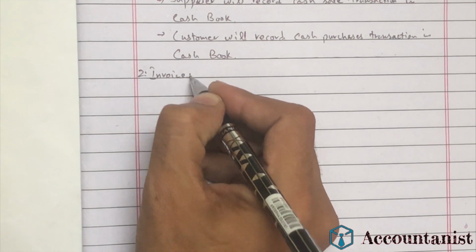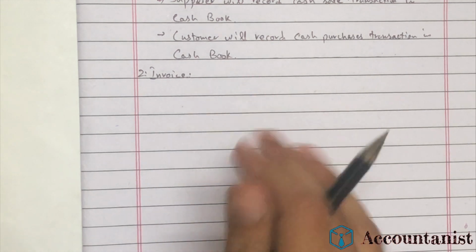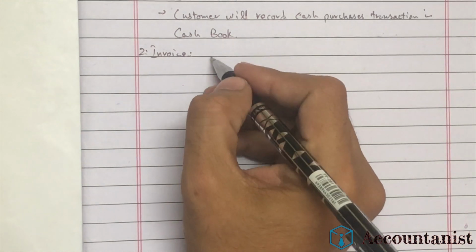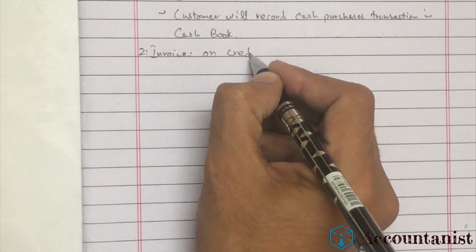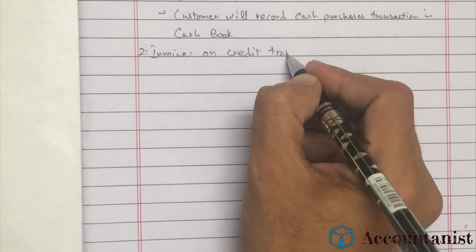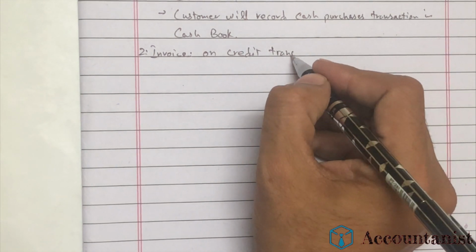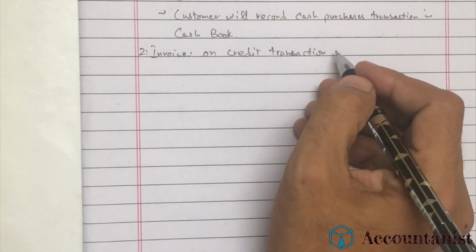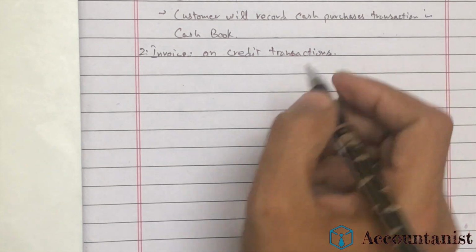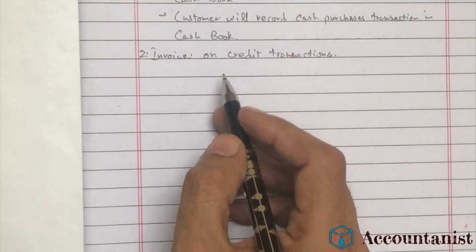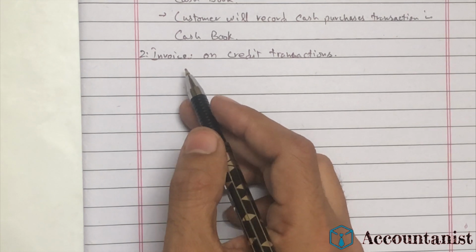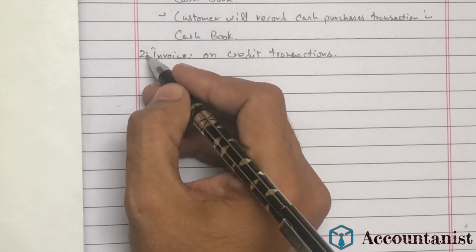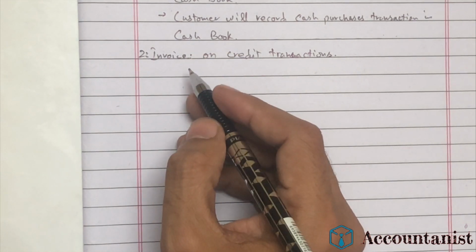The second document that we have is an important document called the invoice. An invoice is a bill, a document that we have on credit transactions. If someone purchases any products on credit, we give this document to the customer. Most institutes, whenever they collect a fee, make a carbon copy of it.